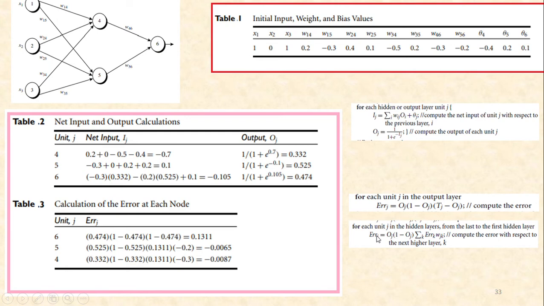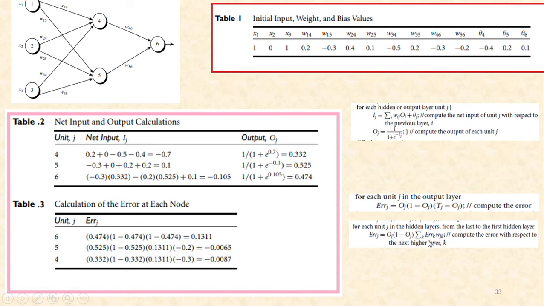Now the error calculation with respect to units 5 and 4. These neurons are in the hidden layer, so the expression for calculating the error is different. It is equal to Oj into 1 minus Oj into summation over k of error k into Wjk.